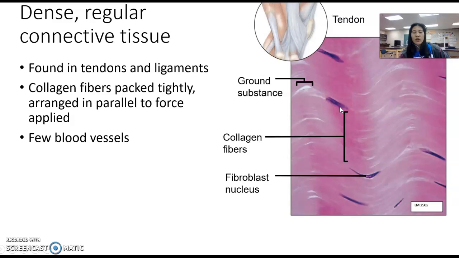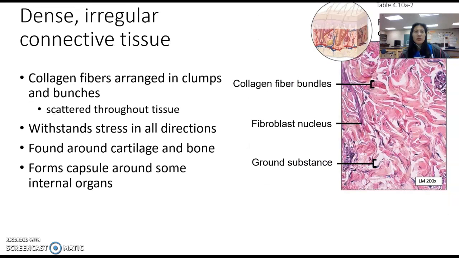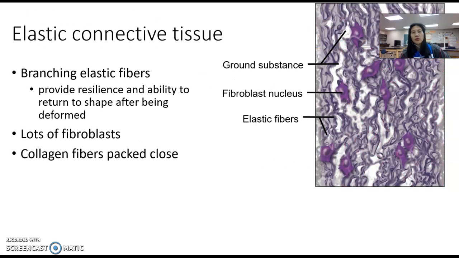Tendons are those muscles that are attached to bones, and ligaments, muscles to muscles. We have dense irregular connective tissues. This is found around our internal organs, around cartilage and bones. We have elastic connective tissues. There are collagen fibers that are packed close.